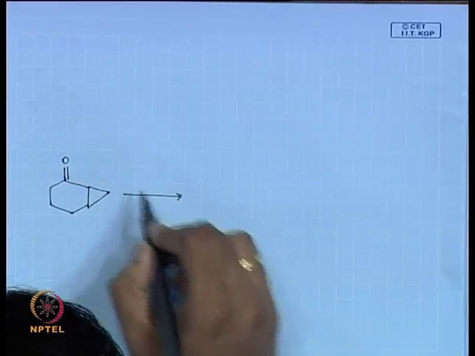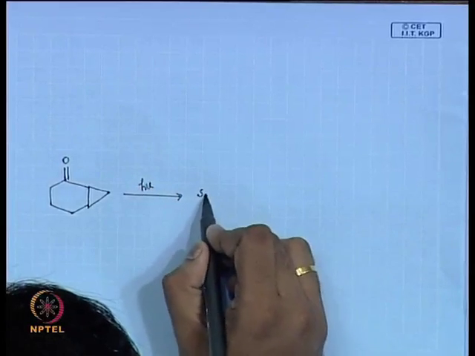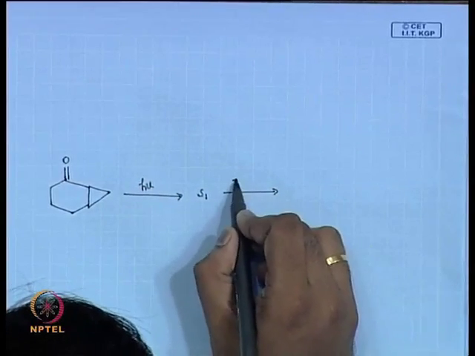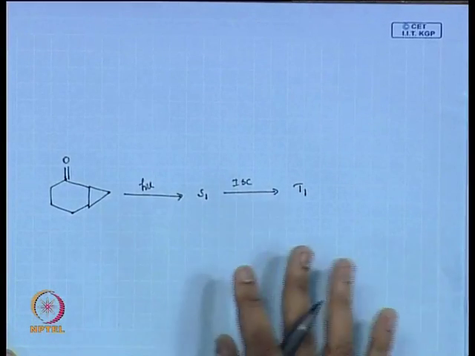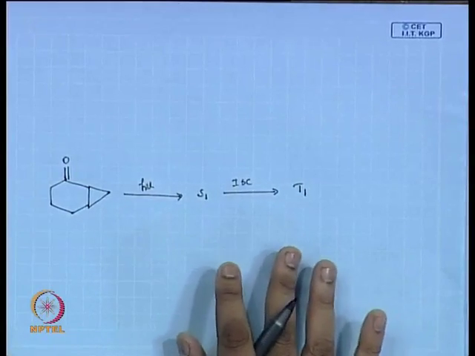So I have a system like this now. What can it do? Once I excite it, again as I said, it gives S1, then intersystem crossing gives you T1, depending upon your molecule.